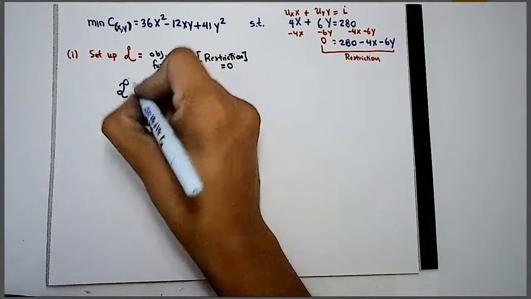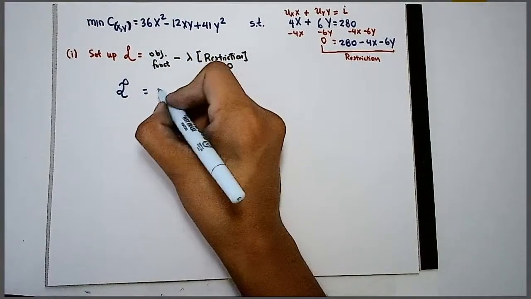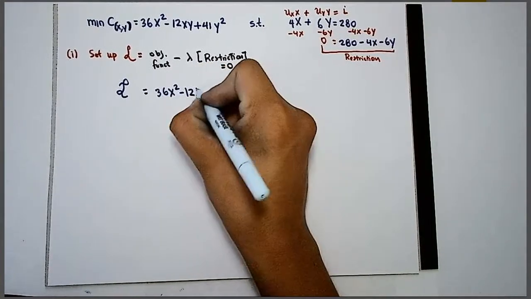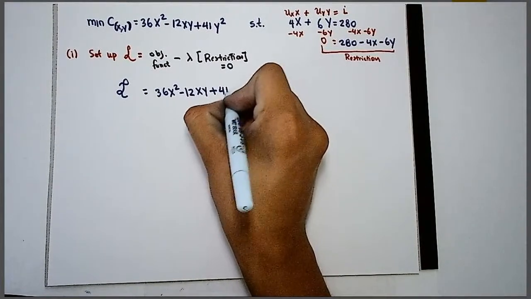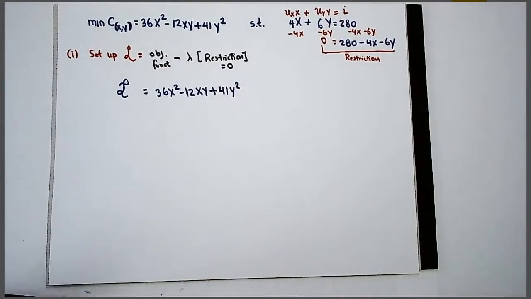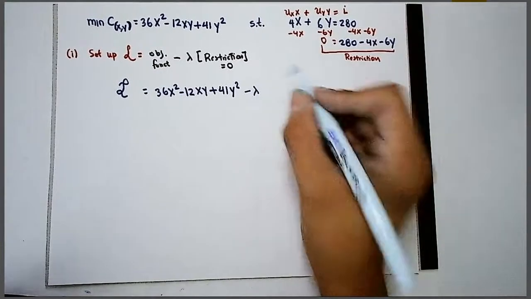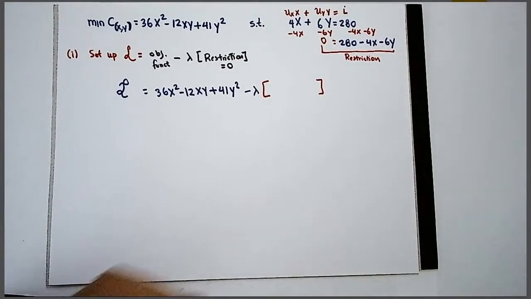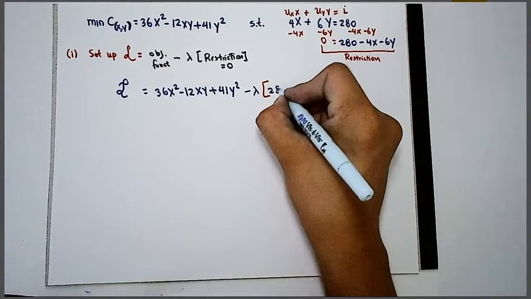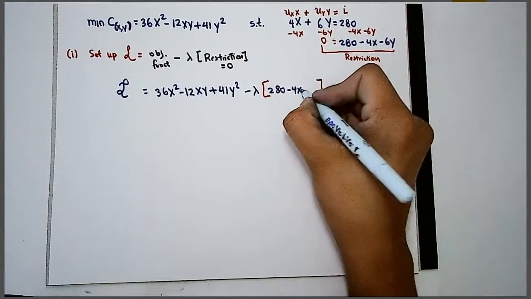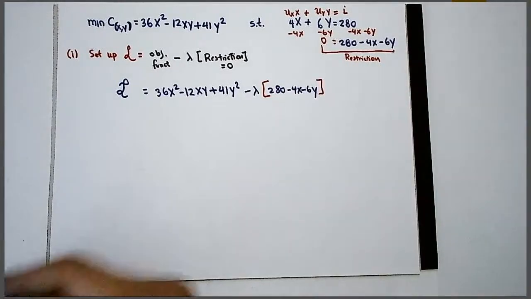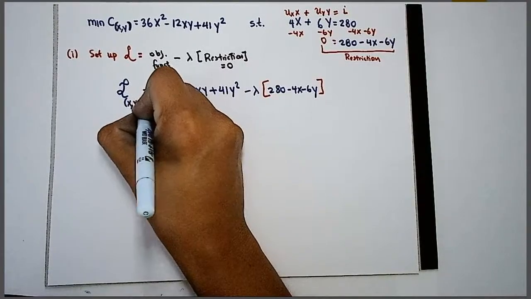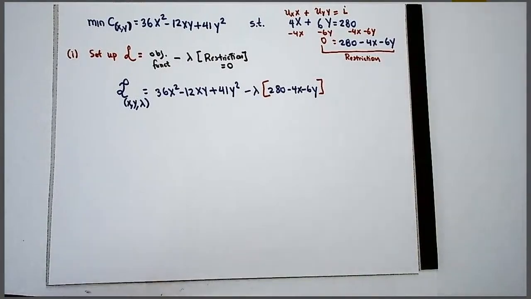In this case, the Lagrange function will be then the objective, which is the cost function, minus lambda times the restriction, which is 280 minus 4x minus 6y. And again, the Lagrange has 3 variables, x, y, and lambda.